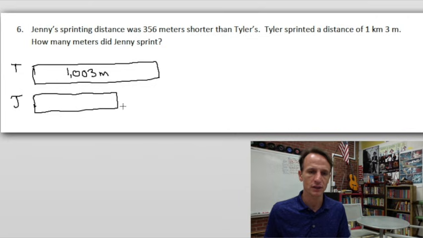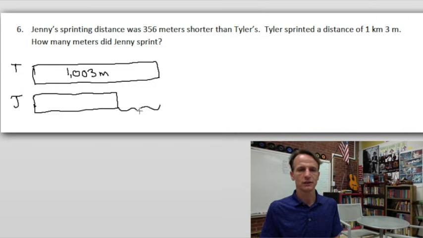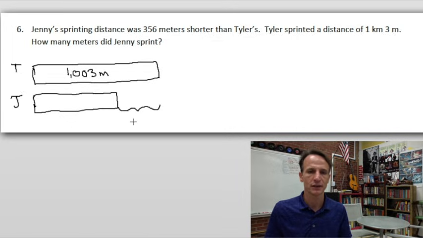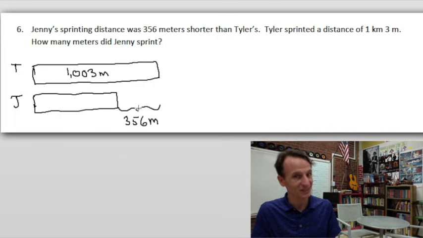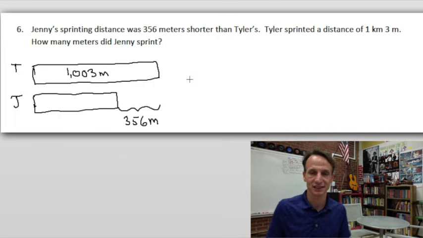But I do know the difference between them, that it was what? 356 meters. And so now I can clearly see from my tape diagram that if I take the whole, subtract the known part, I'll get the unknown part. You see how that works? So let's do that.